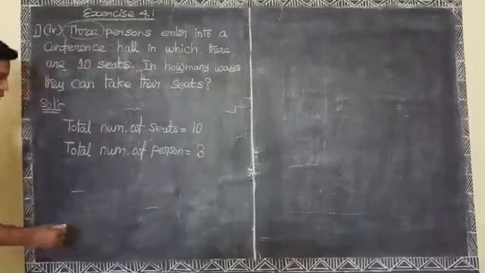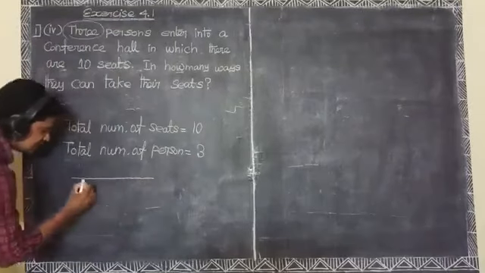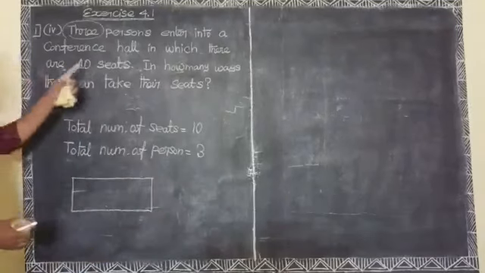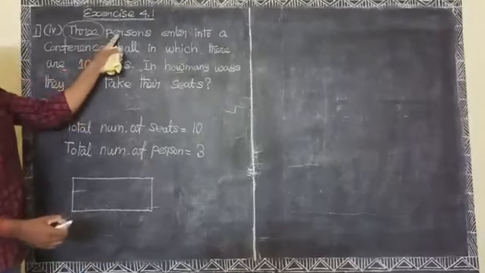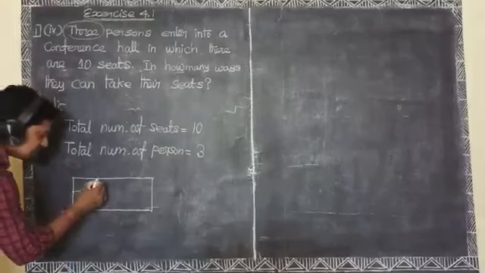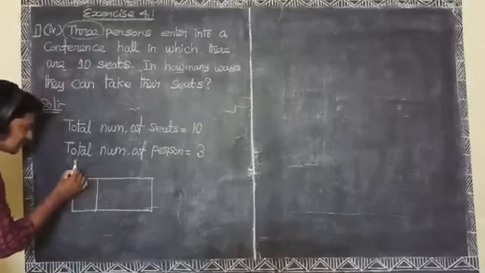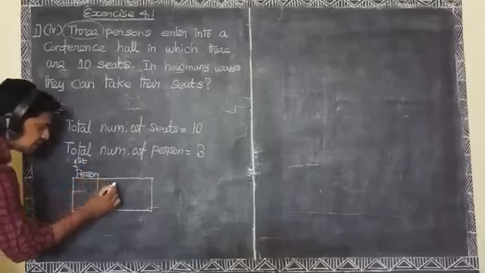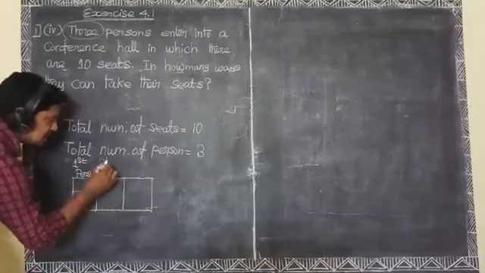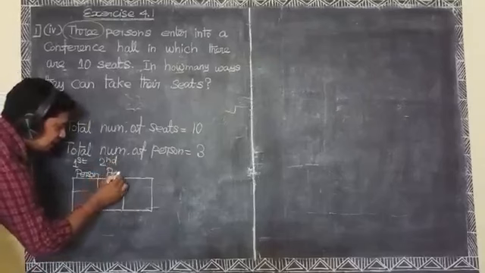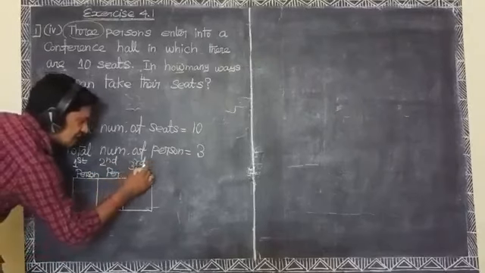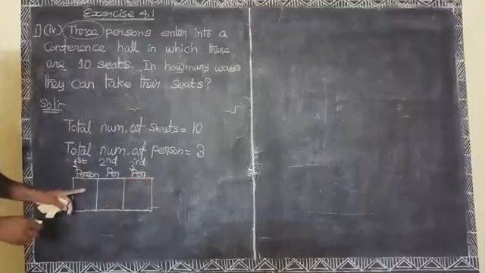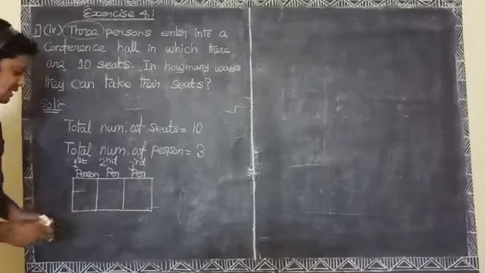Totally 3 persons, so we use 3 boxes. Suppose the given question had 4 persons, we would use 4 boxes. This is the first person, this is the second person, and this column is the third person. The first person can take their seat.